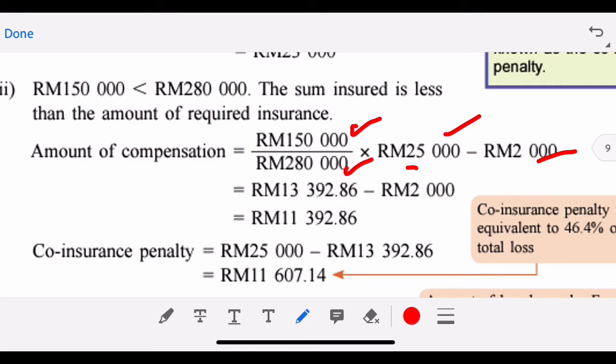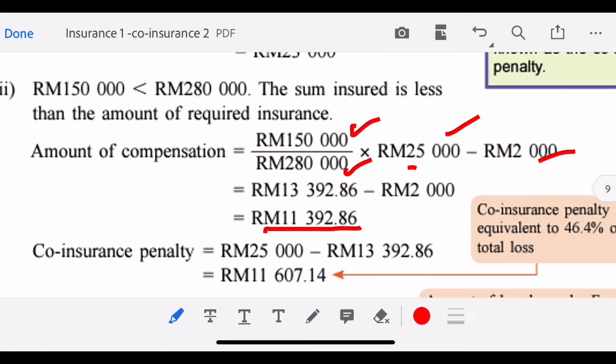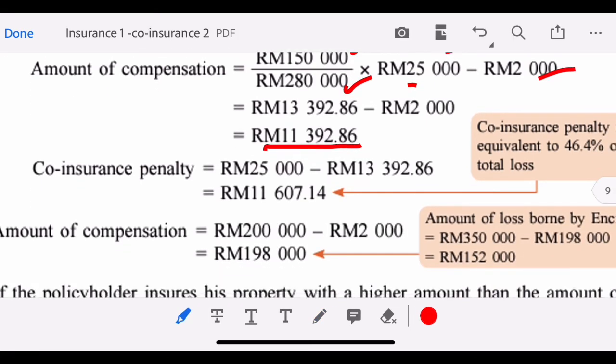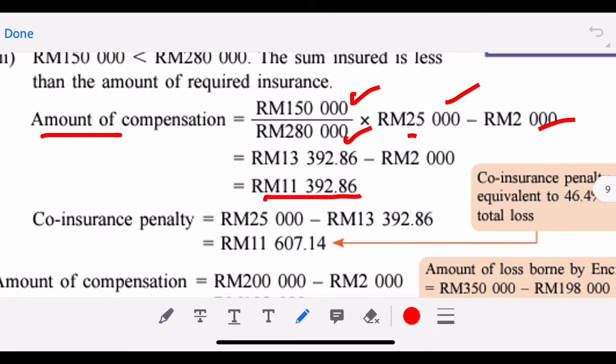The answer is 11,392.85714 on my calculator. If I round off, I get 11,392.86. So this is the amount of the compensation.